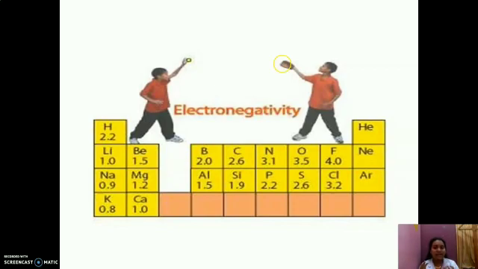It has the ability to attract the shared pair electrons of both chlorine and hydrogen towards itself. So it will get a partial negative charge, and the hydrogen will get a partial positive charge.